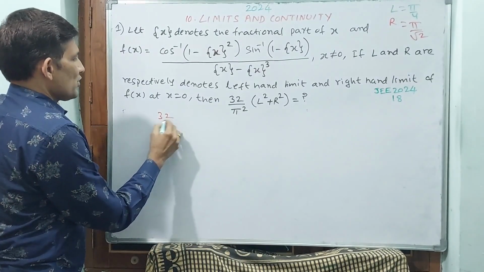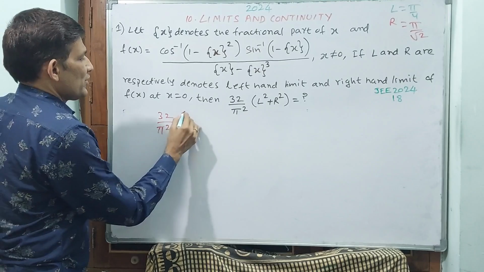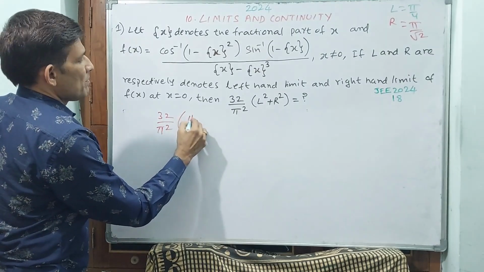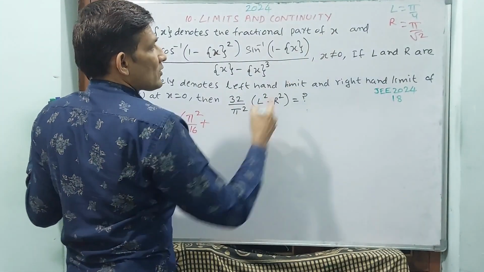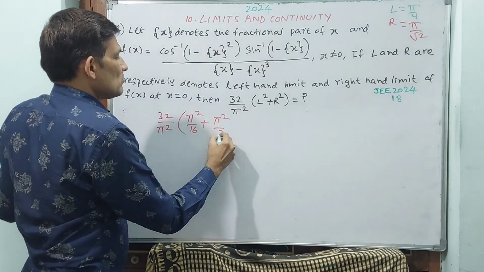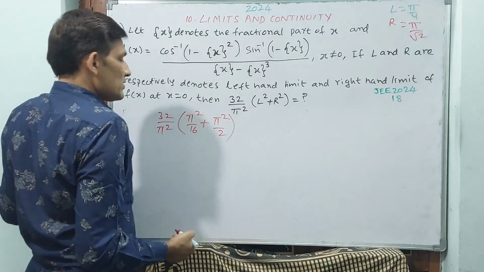Now write down 32 by pi square into L square plus R square. That means pi square by 16 plus R square, pi square by 2, where root 2 square means 2.